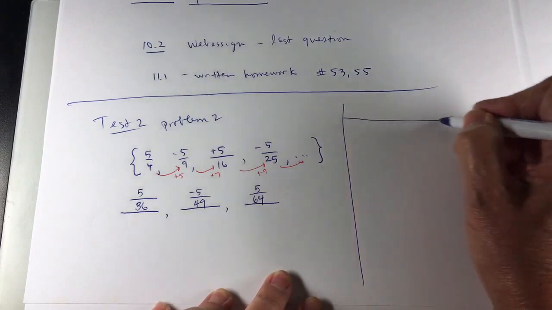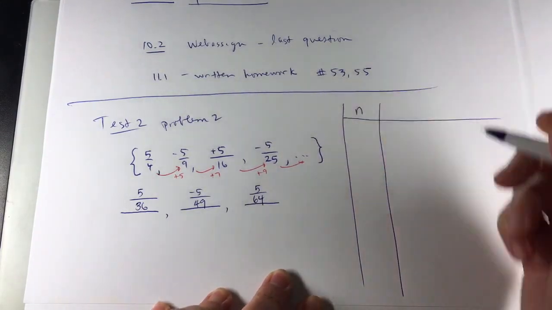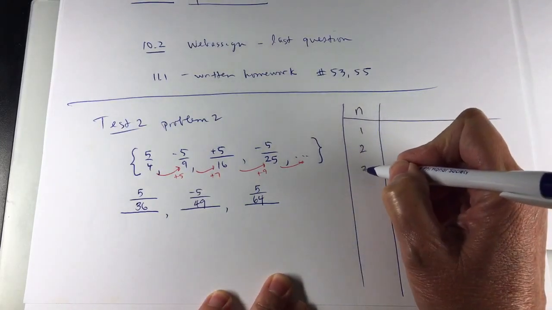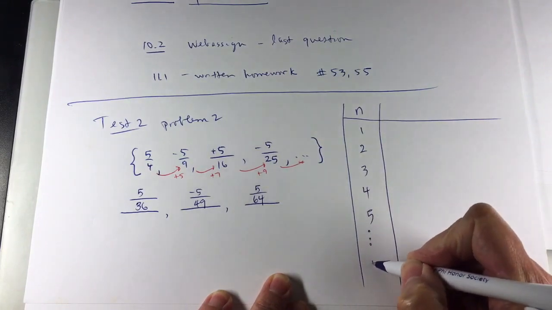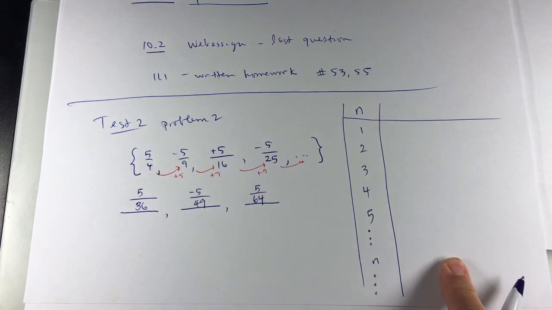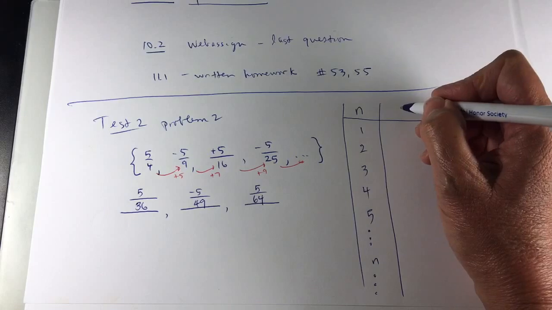So I'm going to do this little chart. The nth term, when n is 1, 2, 3, 4, 5, dot, dot, dot, n, dot, dot, dot. We're looking for an expression for the a sub n term.